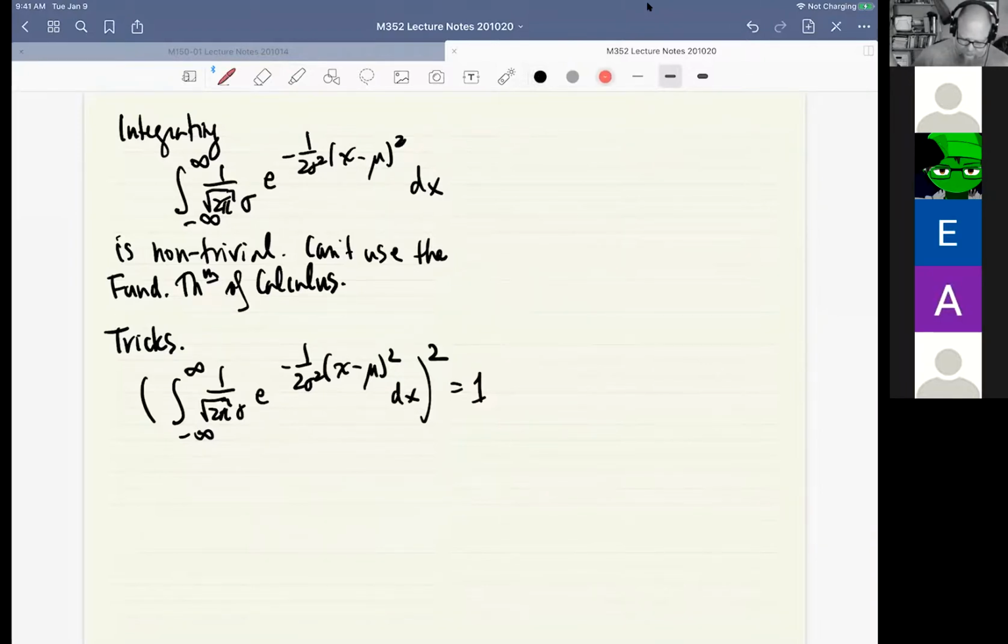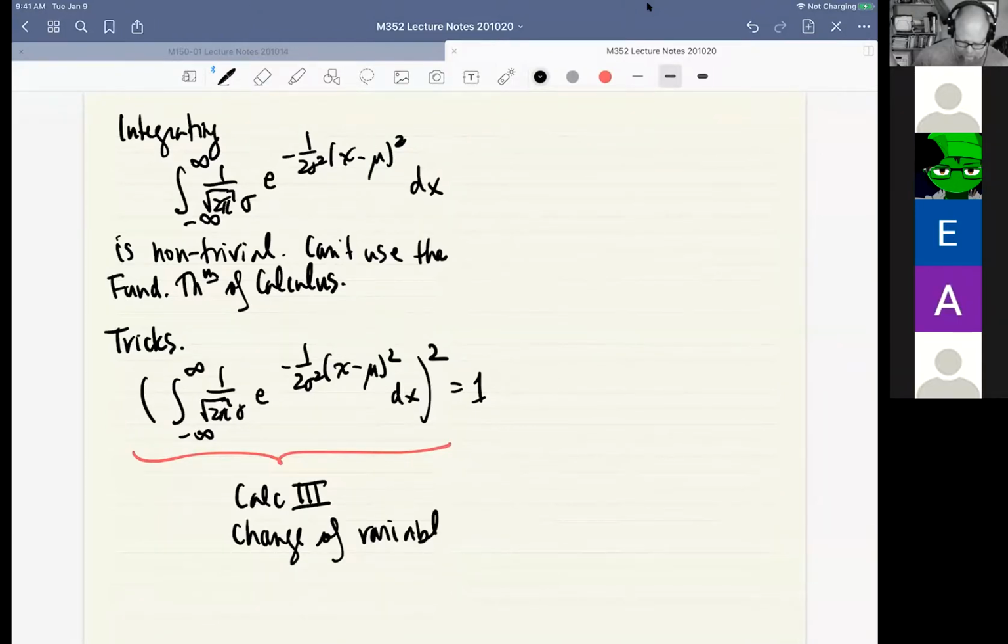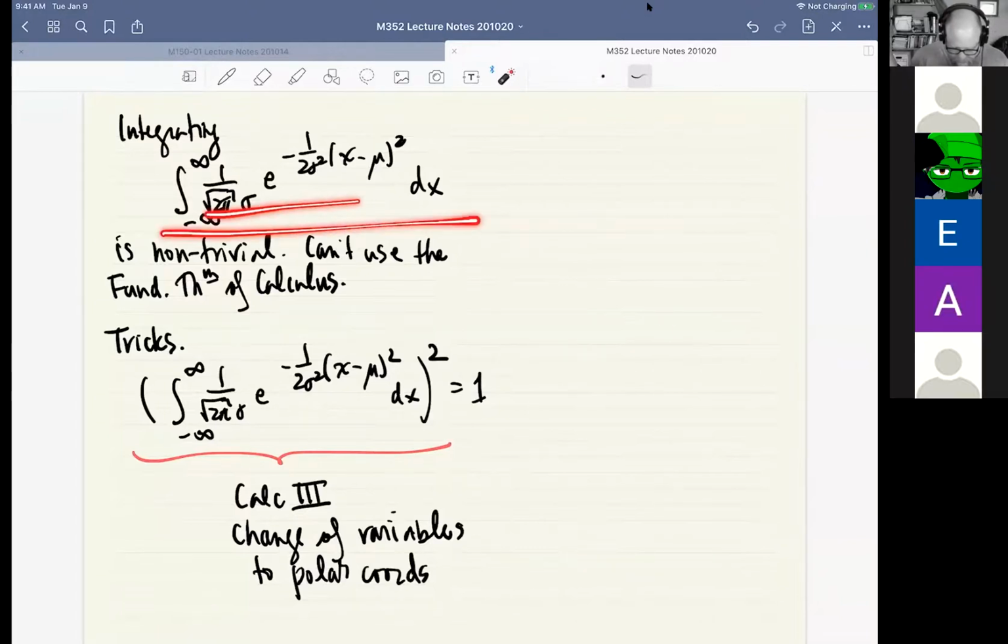And then to do this calculation, we have to use some calc 3 and some change of variables to polar coordinates. So it gets a little bit deep, but it's pretty. It's not that intimidating. It just takes time. So I'm going to throw that into a screencast so you can take a look at it. But suffice it to say that the doubly infinite improper integral of this integrand is indeed 1.